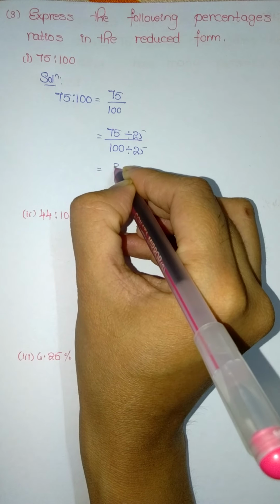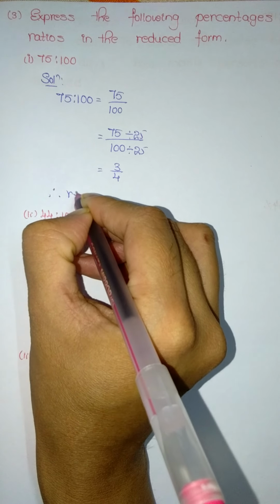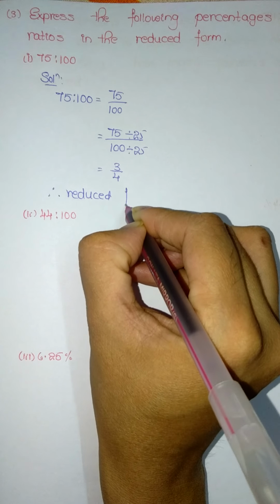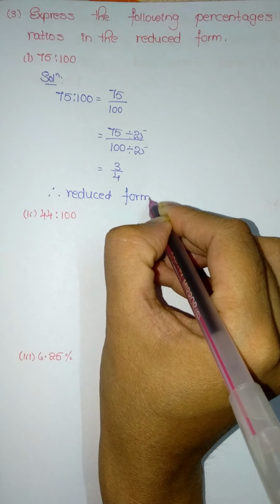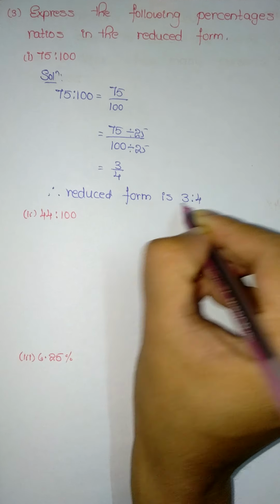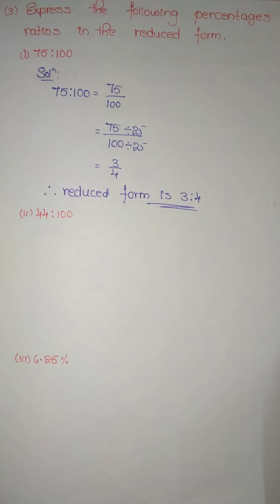So it is 3 by 4. So therefore reduced form is 3 by 4 or 3 raised to 4. So it completes our question number 1.